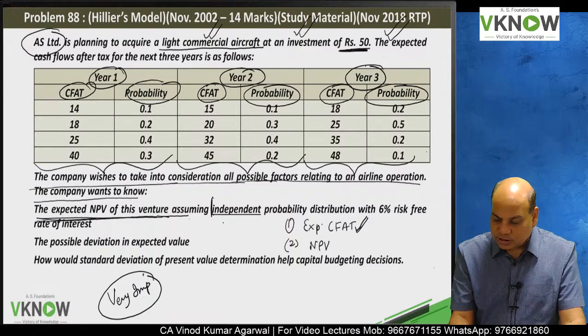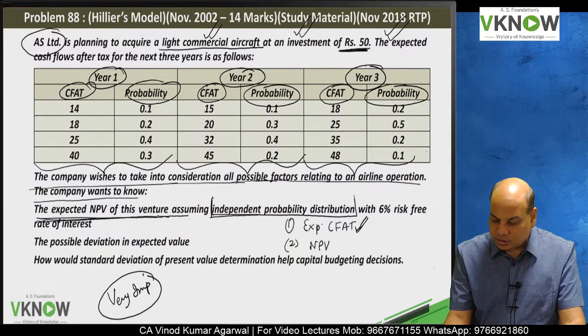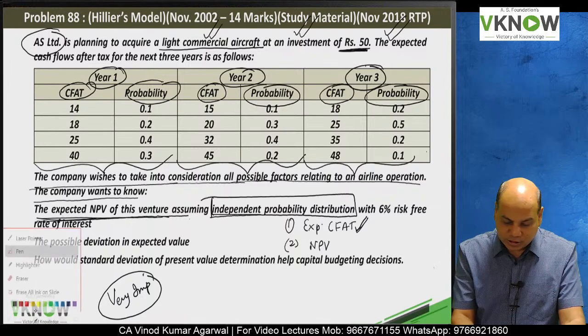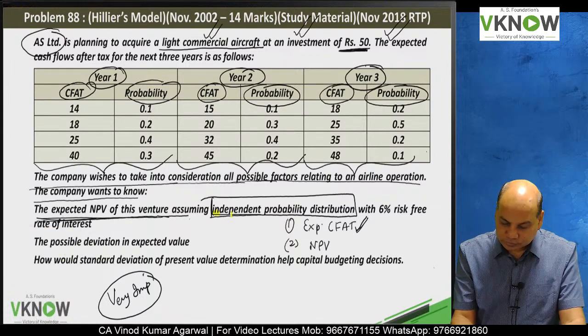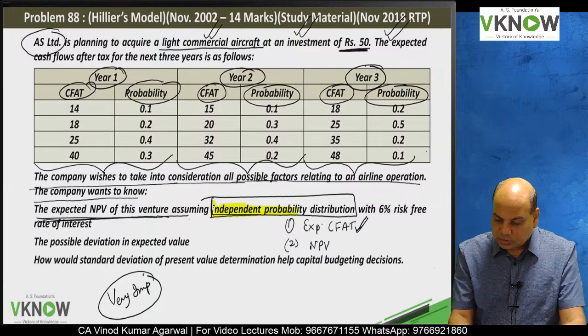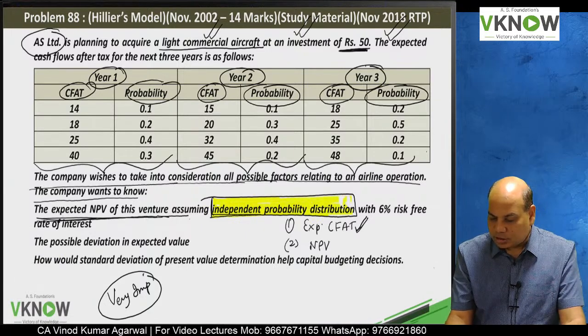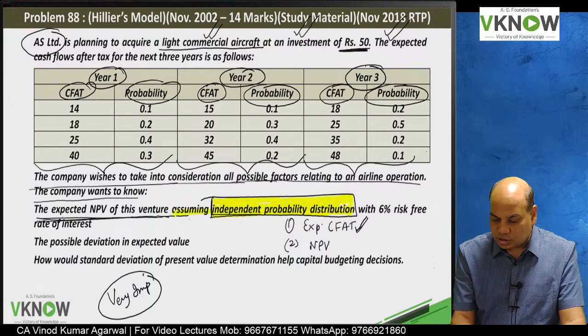Now doubly underline: assuming independent probability distribution. Hiller model we are going to apply in this question, under the assumption of independent cash flow.